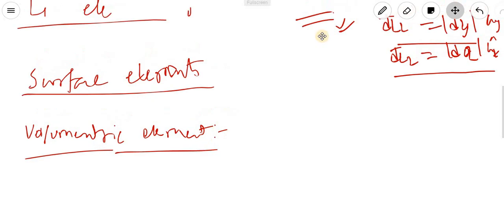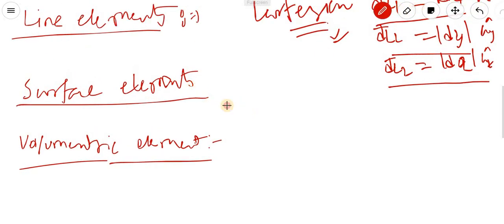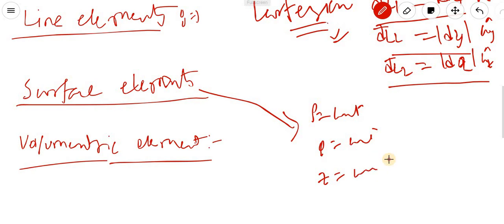Now the surface elements, as we discussed. What are the surfaces? The surfaces are rho equal to constant, phi equal to constant, and z equal to constant. These surfaces are mutually perpendicular for this orthogonal coordinate system. So a rho, a phi, a z we have seen earlier.